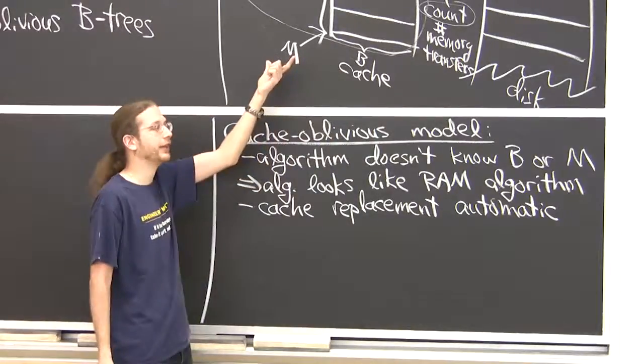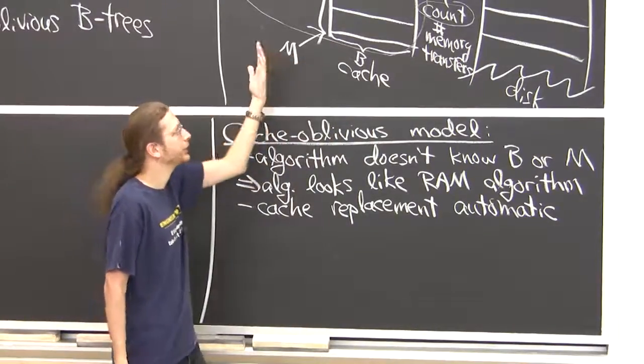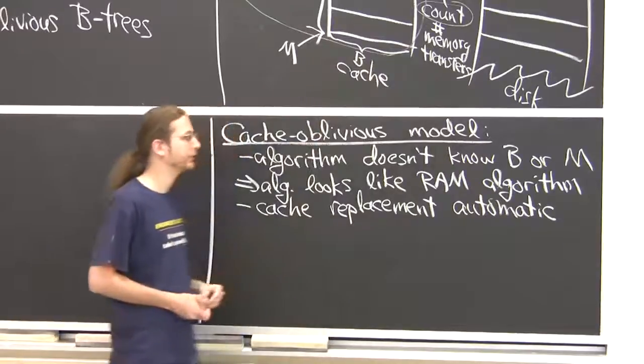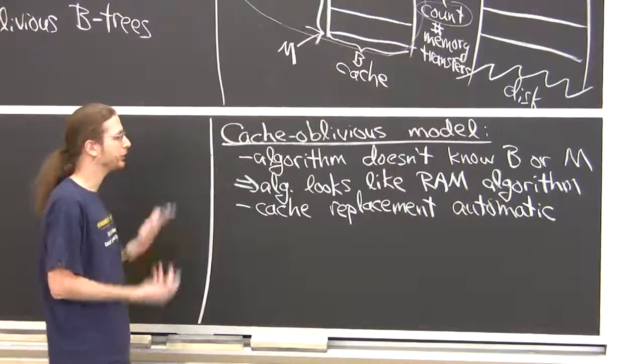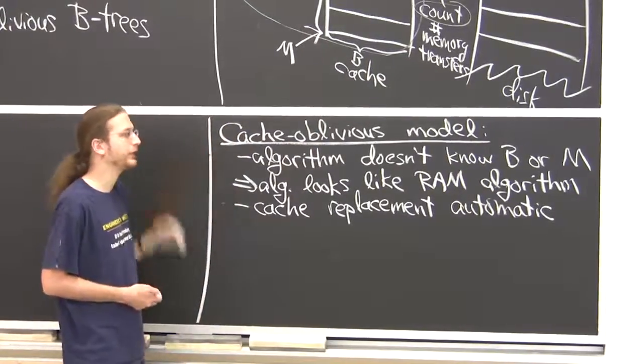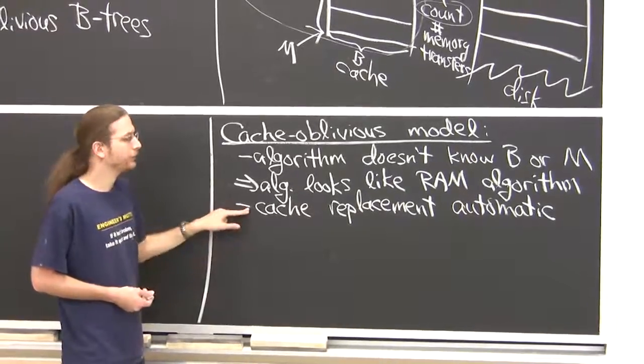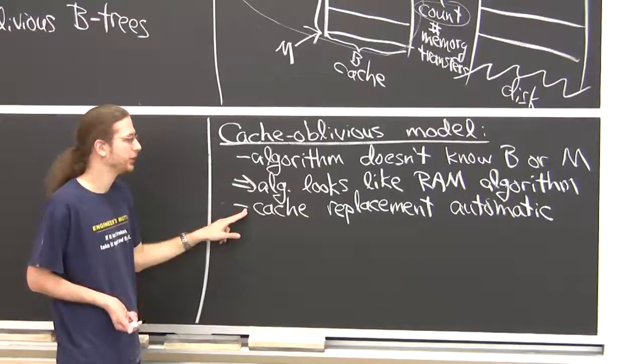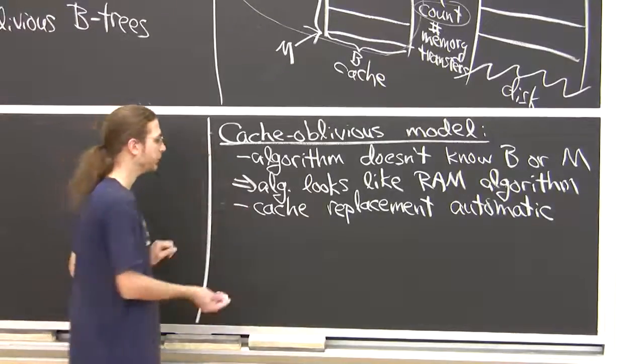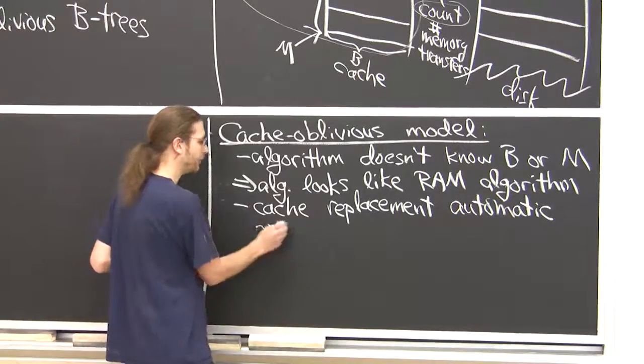You just don't know how much data that is. When something gets kicked out, the entire block gets kicked out and written to memory. But you don't get to see how that's happening because you don't know anything about B or M. We need to assume something about this replacement strategy, and in the cache-oblivious model, we assume that it is optimal.